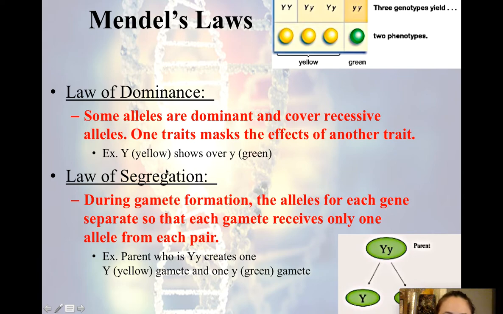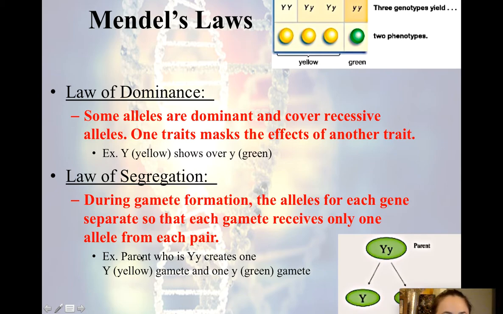The other law that Mendel concluded was the law of segregation. It's the idea that when gametes are formed, the alleles for each gene separate, so that each gamete receives only one allele from each pair. It's something that you guys already have envisioned when we were learning about meiosis, but this is putting a formal term to it.